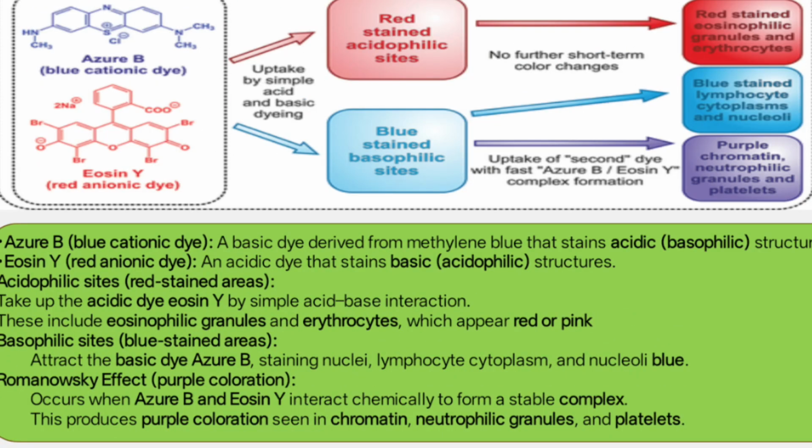So this purple stain happens when azure B, the basic dye, and eosin Y, the acidic dye, interact chemically to form a stable complex. This produces purple coloration in the chromatin, neutrophilic granules, and the platelets.